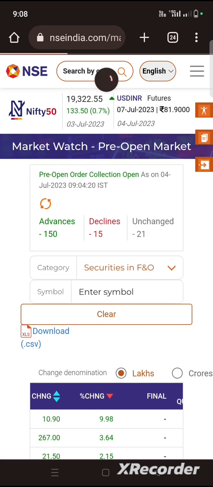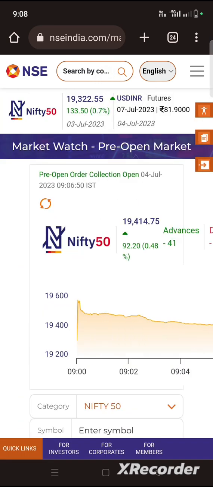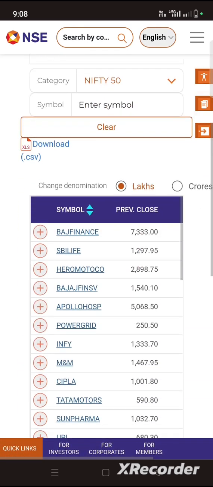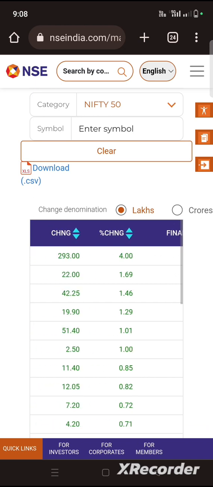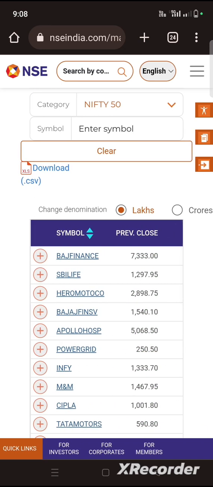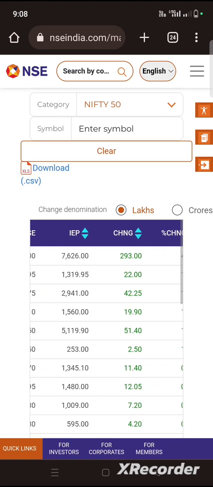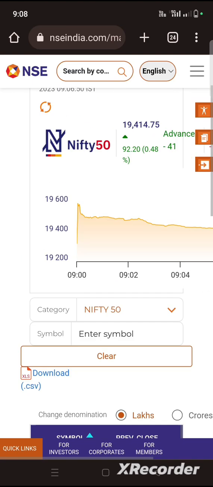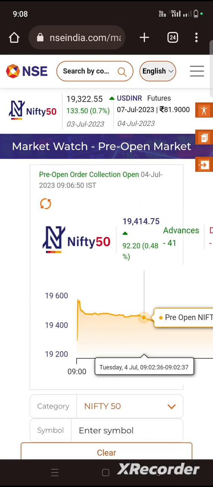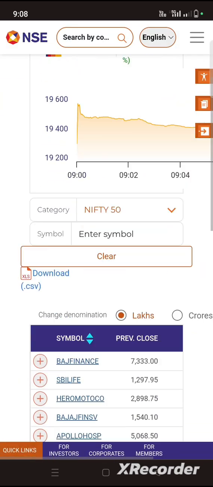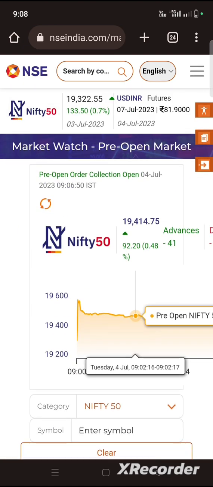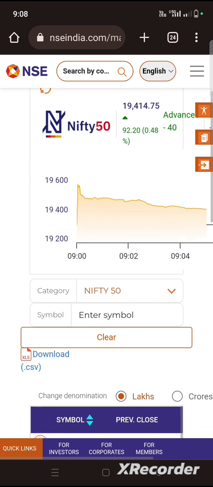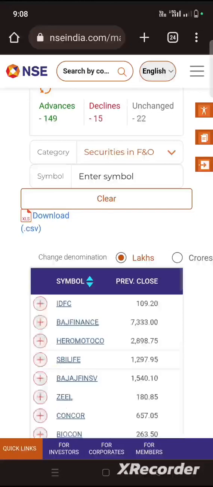So I'll refresh. If you see, there are changes in top gainers and top losers. Bajaj Finance is now a top gainer. That's why we have to keep on refreshing the page so that we get to know. Once it is 9:08, it is final. There will be no changes once 9:08 is completed.